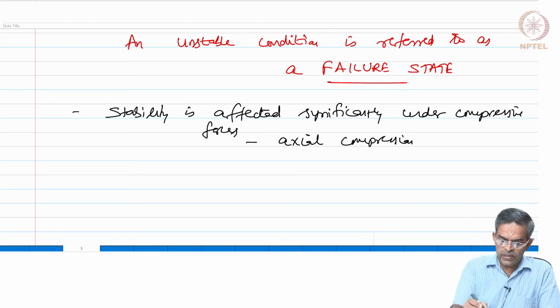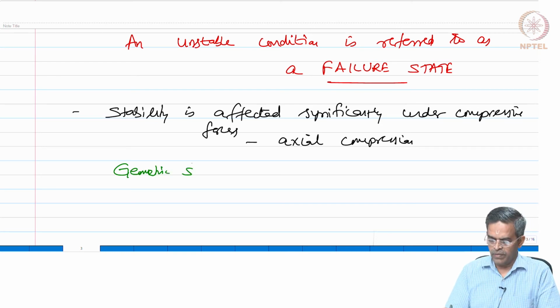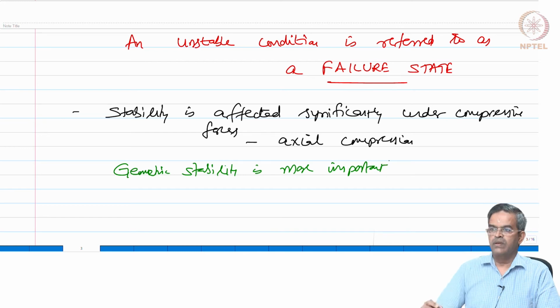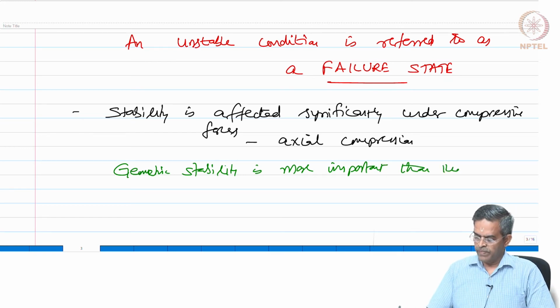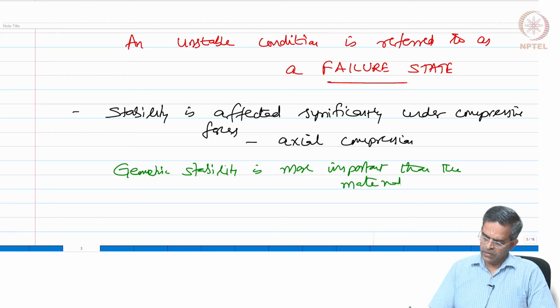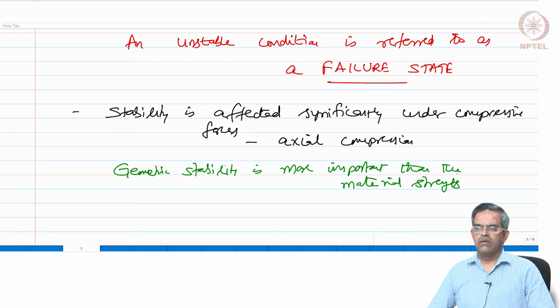Okay. Therefore, friends, the geometric form or the geometric stability is more important than the material strength. You can use any material of a higher order in terms of its strength. If the geometry is not able to sustain a stable equilibrium configuration, the geometry cannot be used to resist the applied loads. Okay?